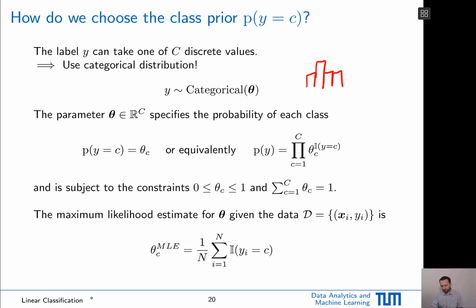You see that we have the product over all classes, here we have the corresponding probability for this class, and here we have this indicator notation, which tells me if y equals class c, then this is 1, otherwise it's 0. So in every case, if this is, let's say, class 1, only theta 1 kicks in, because it is theta 1 to the power of 1, and all the other thetas, theta 2, theta 3, and so forth, are to the power of 0 in that case, so they disappear.